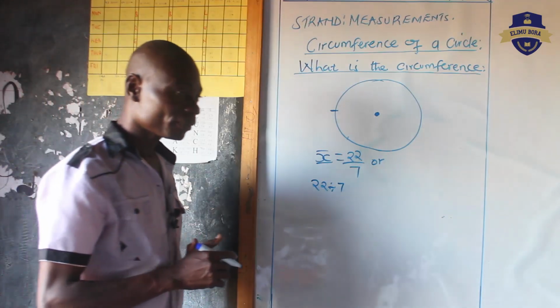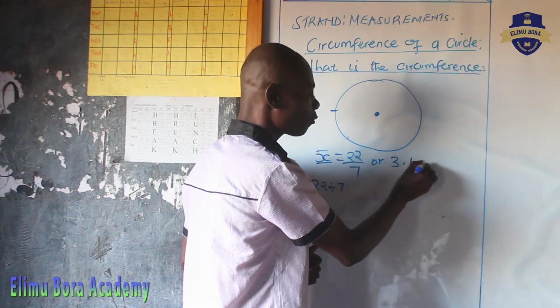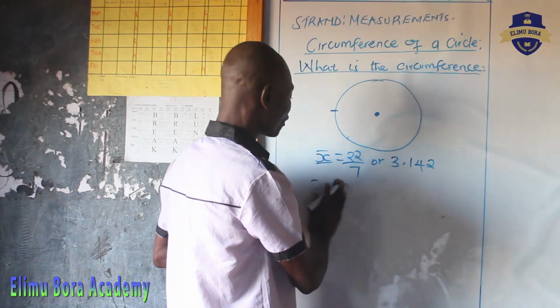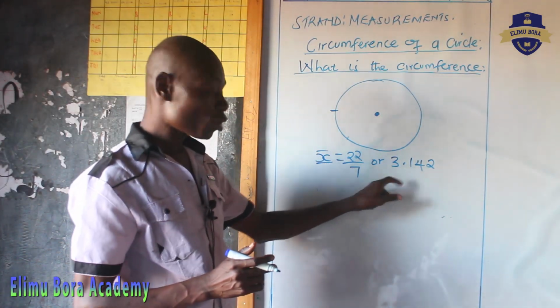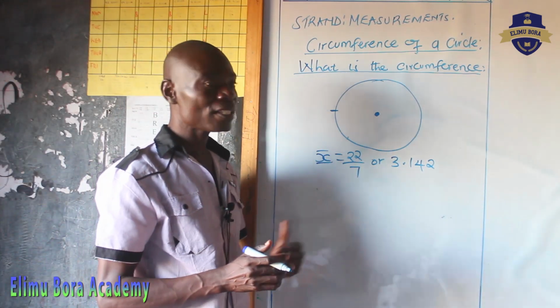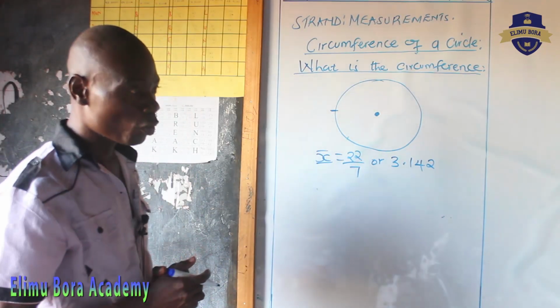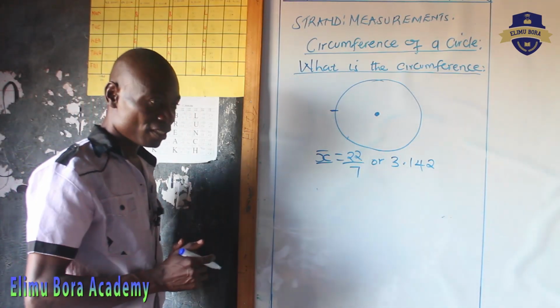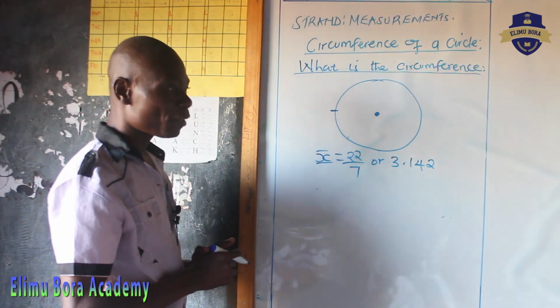You get 3.142 expressed to 4 significant figures. So which means you can use pi as 22 out of 7, or you can use pi as 3.142. Now the question arises, how do you find the circumference of a circle?